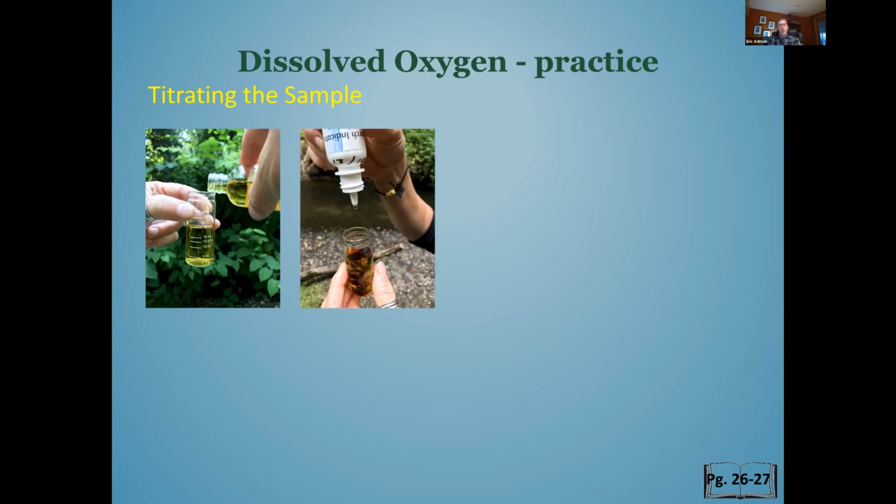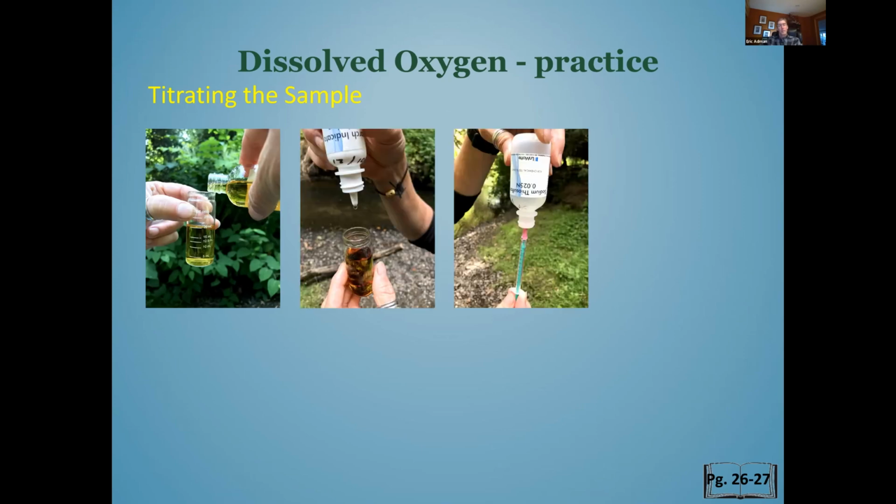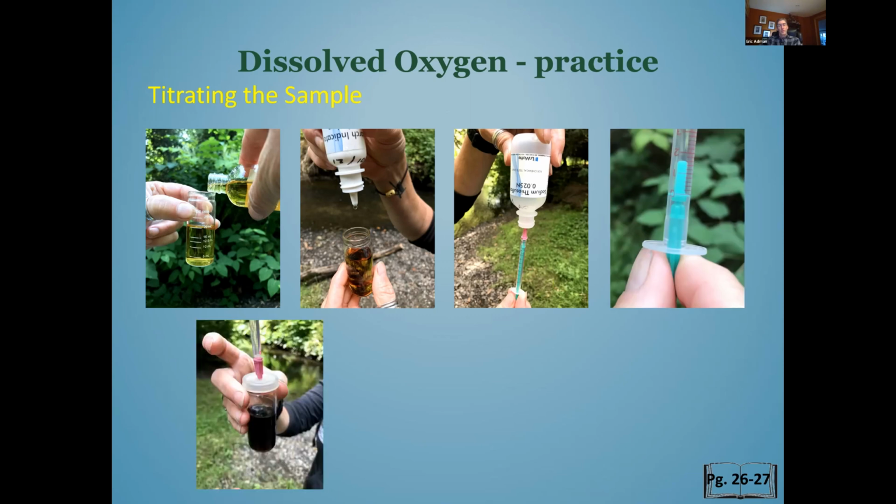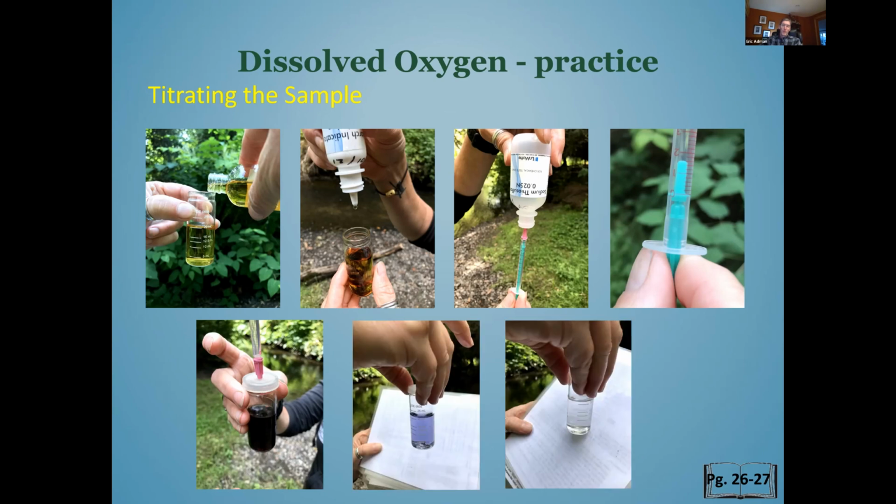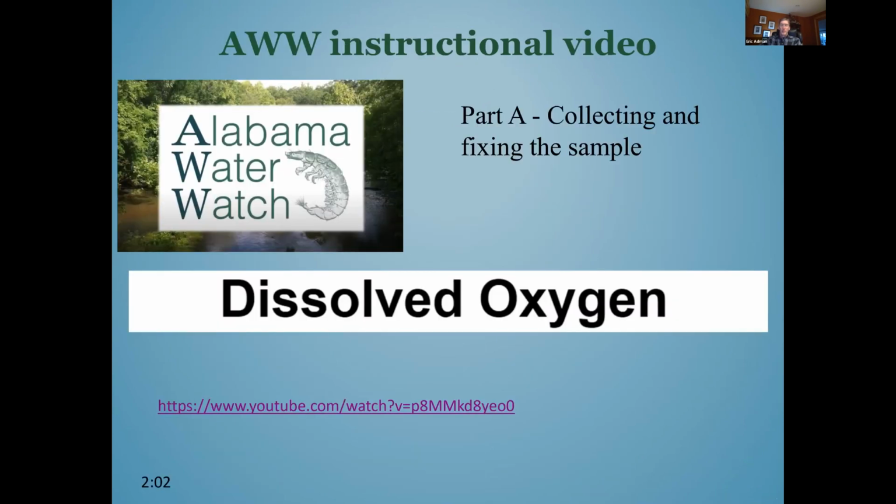In titrating the sample, you're going to add some reagents that will cause it to turn a certain color, and then you'll titrate it with sodium thiosulfate until it turns clear. So we're going to watch some videos right now that show each of these different steps.